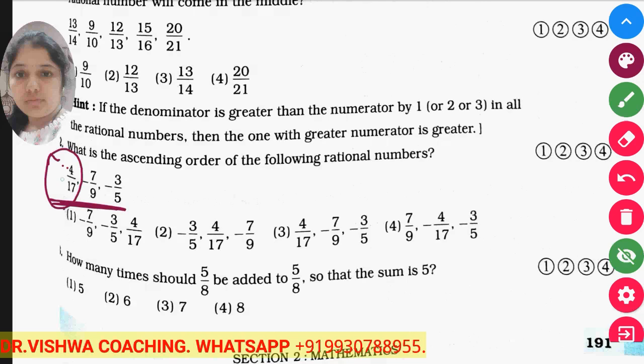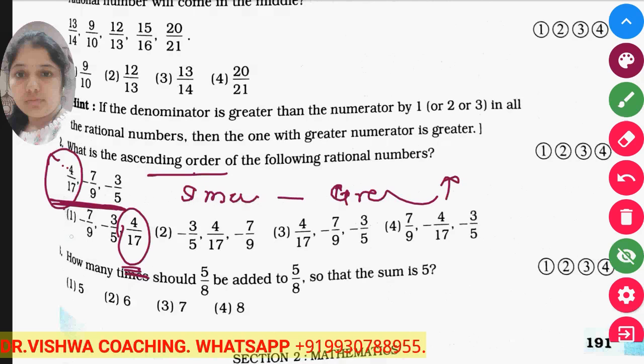So 4 upon 17 is anyhow greater than these two. When we arrange the numbers in ascending order, we write the smallest first, then the middle, and then the greatest number. So the greatest number will come at the right of the order. So 4 upon 17 at the extreme right is only one option, that is option number 1. So this is your option.